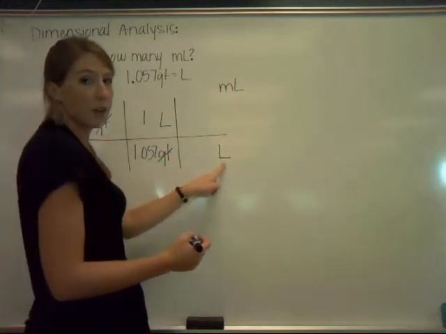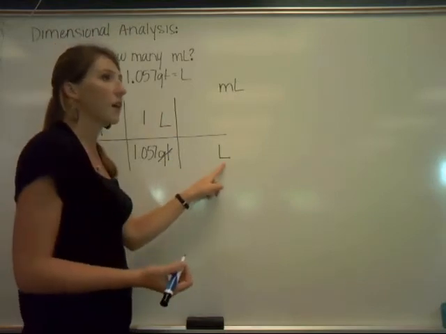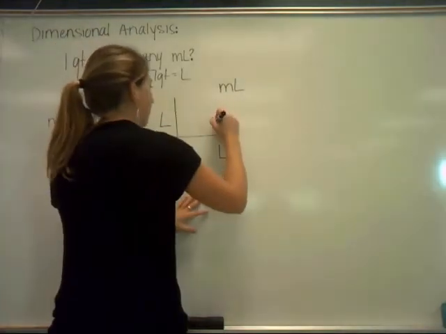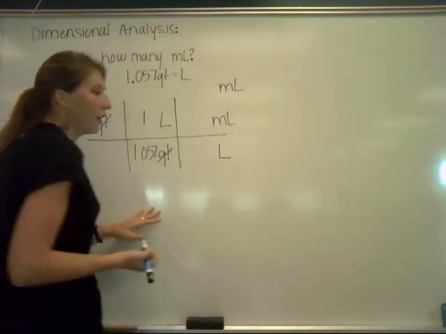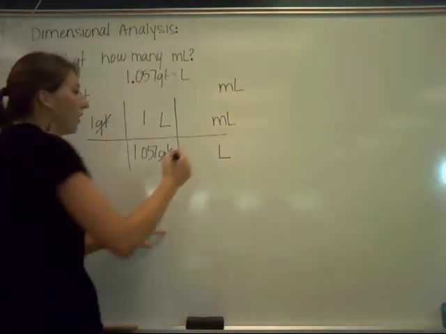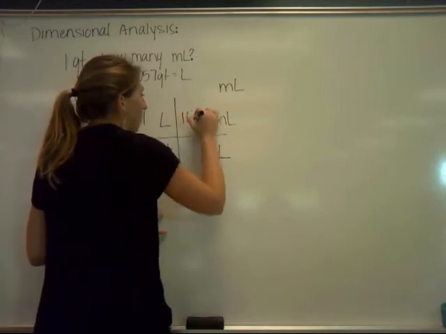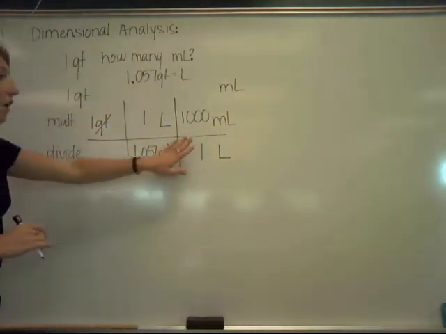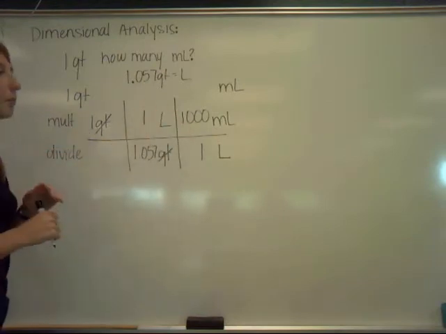Now I'm trying to get from liters to milliliters, and I have to think to myself, do I know how to do that? Why, yes, I do. Because of my metric conversions, I know that 1 liter is equal to 1,000 milliliters. Okay? If I didn't know how to do that problem, I could simply just think about metric conversions.